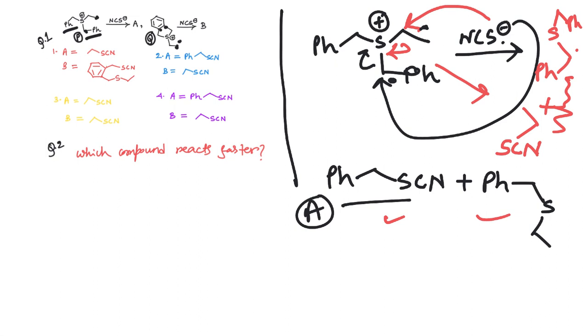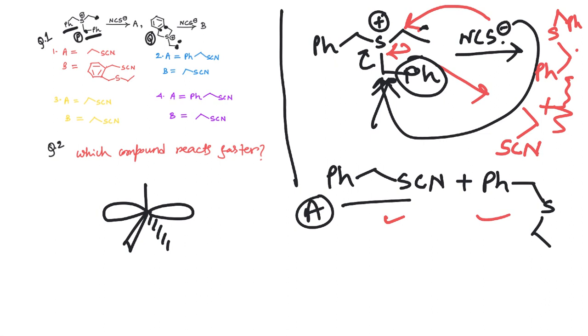The reason is simple: when the attack is taking place over here, the transition state is stabilized by the presence of this phenyl group, the aromatic ring. So the transition state of an SN2 reaction looks like this. This is your carbon atom which is undergoing the substitution reaction, this is your nucleophile, and this is your leaving group.